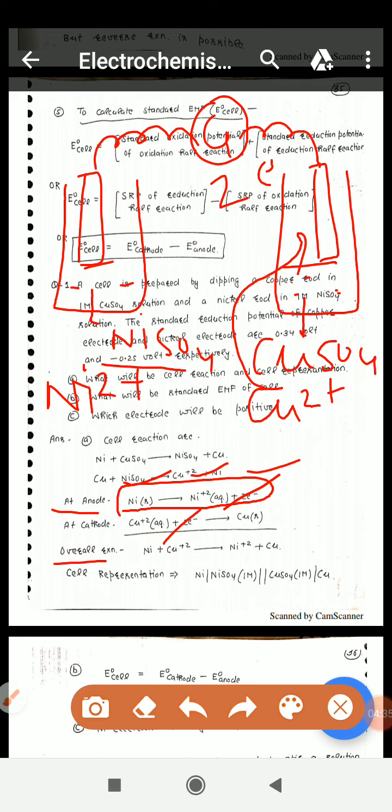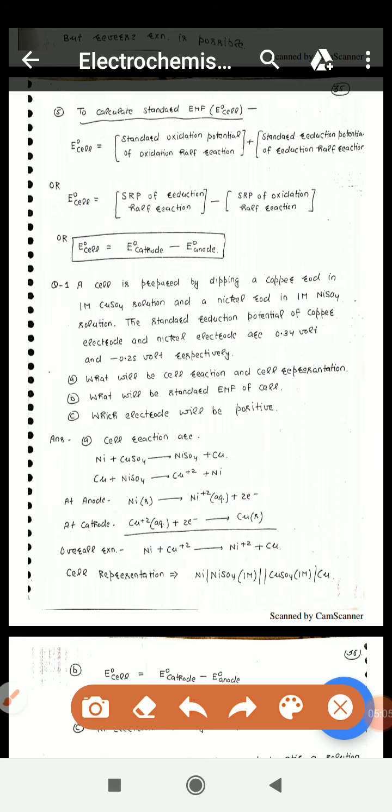If they are not equal, it means your cell reaction is not correct. So you also balance the number of electrons. Again I repeat: anode is more reactive, anode oxidation, and cathode reduction. At the anode, loss of electrons takes place; at the cathode, gain of electrons takes place.